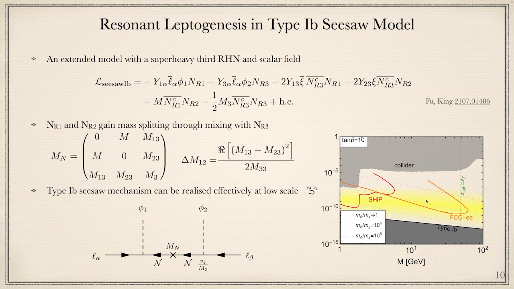So as you can see, the yellow region where the resonant leptogenesis can be realized overlaps with the region where the neutrino Yukawa process can dominate dark matter production, and it's also within the sensitivity of future collider experiments like CEPC and FCC-ee.